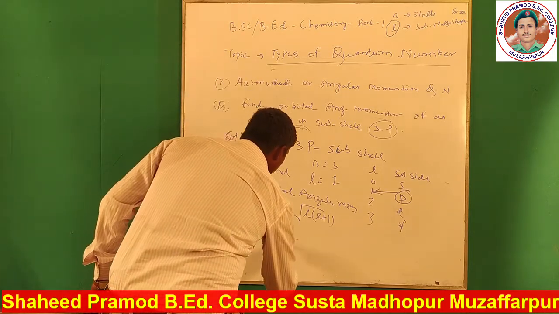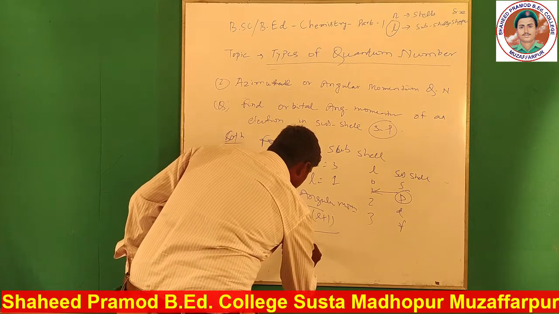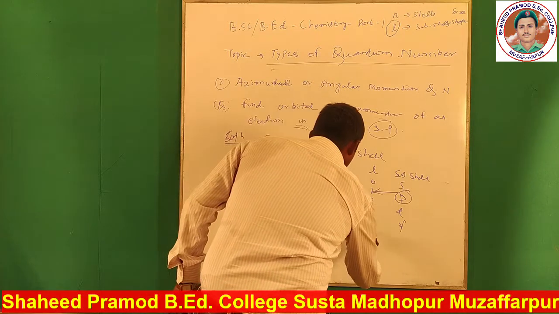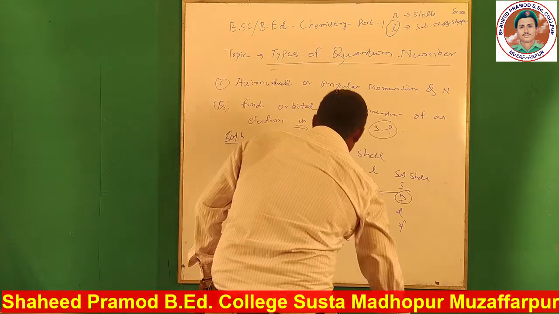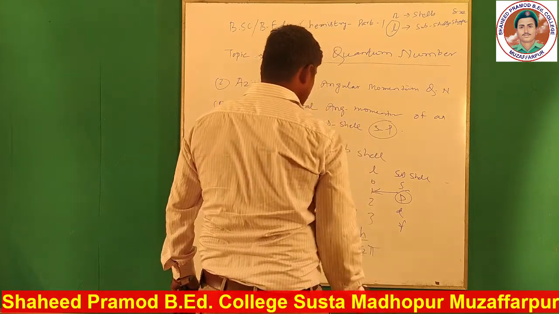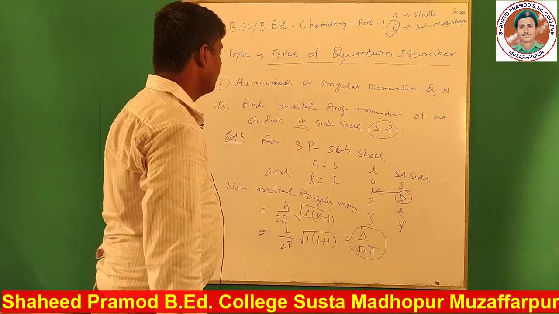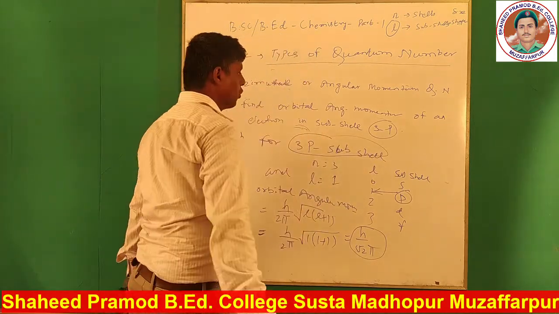Put the value of L as 1 in this expression, you will get 1 plus 1, so this will be h upon root 2 into pi. This is the angular momentum for 3p subshell in which the electron is revolving.